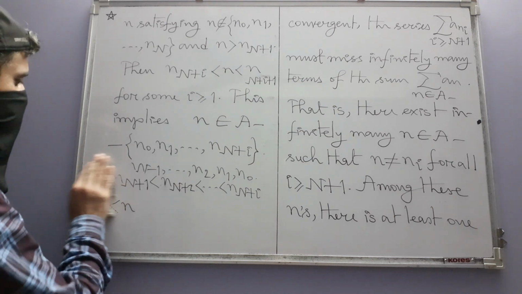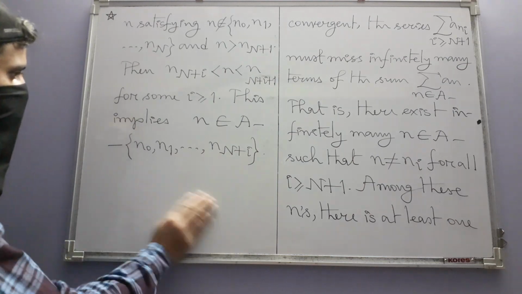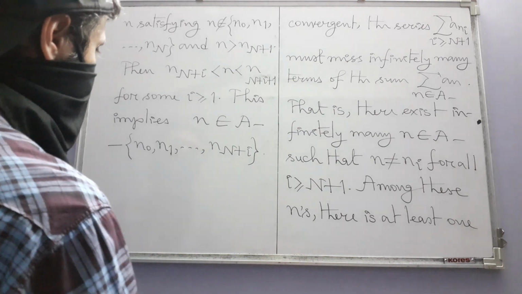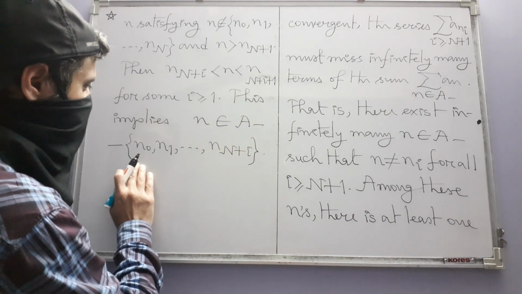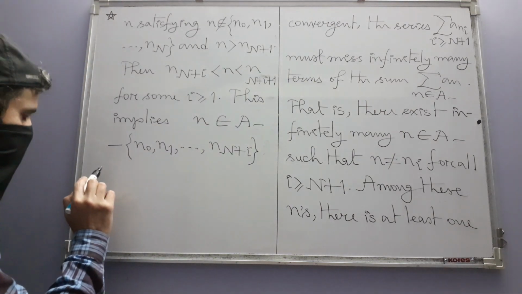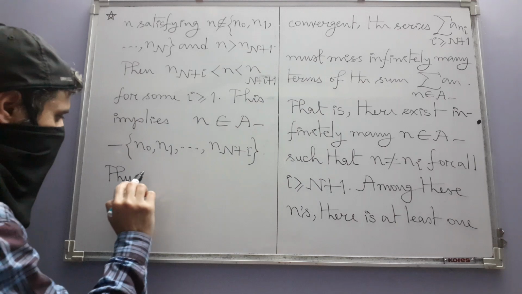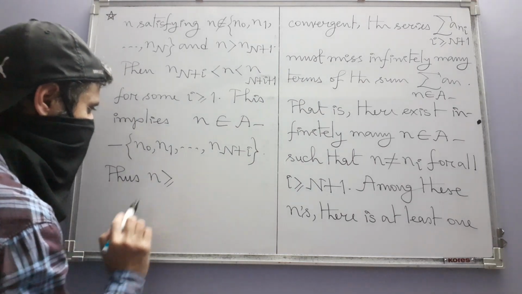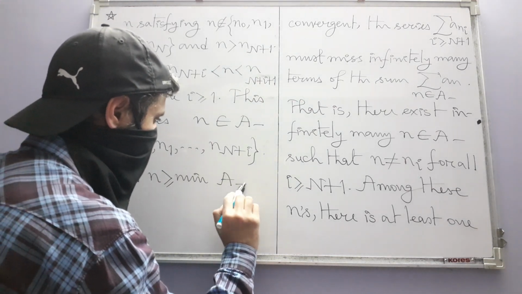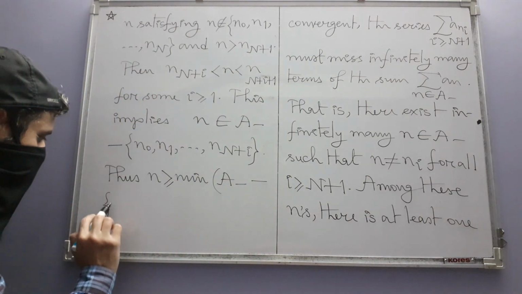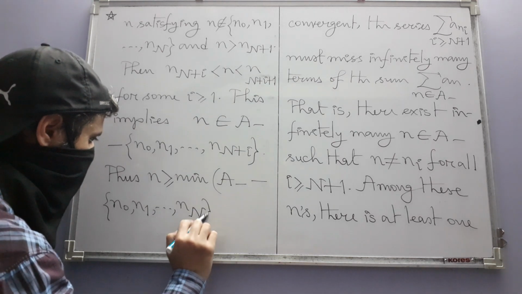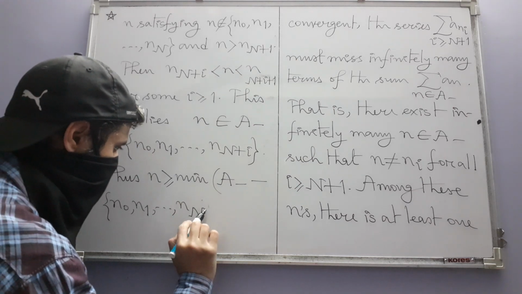So now we go back to case 1 and case 2. So you see that this n is here, n belongs to this, thus n should be greater than or equal to the minimum of this set, minimum of A minus difference n plus I, sorry.